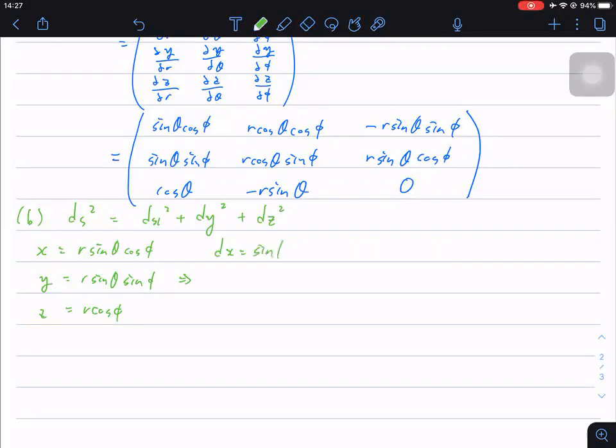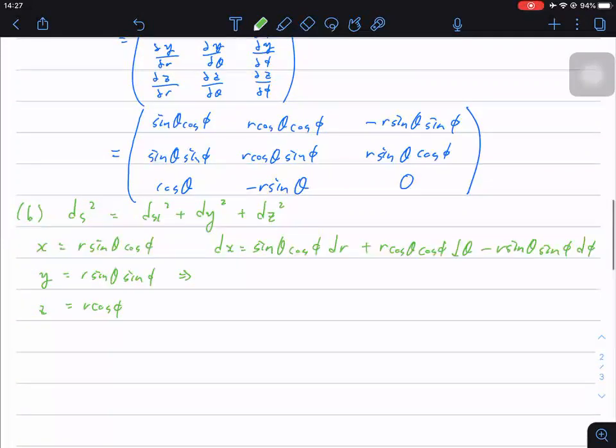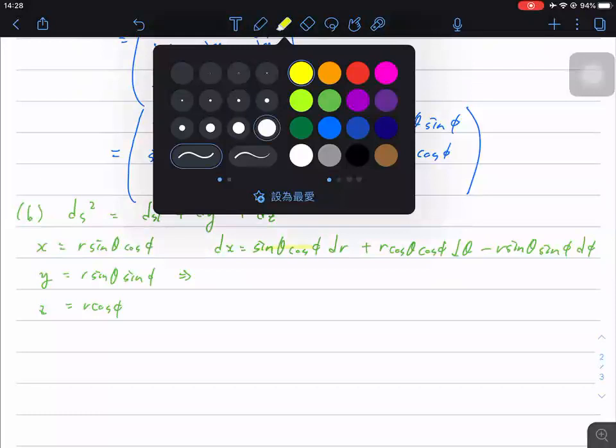Okay, so this one is dr, and then d theta. I'll define, but actually doing this is very dumb because this term we have already calculated.